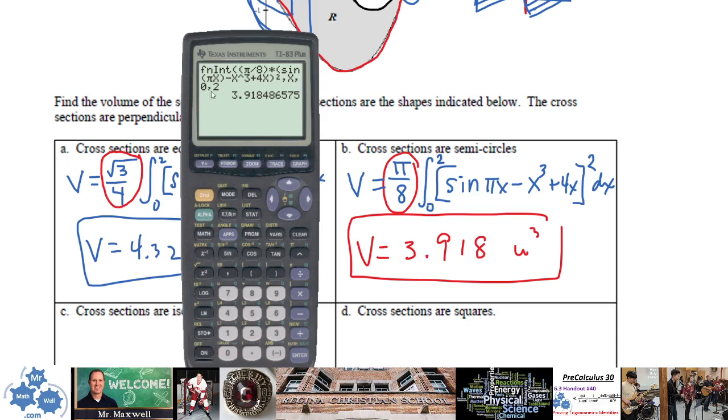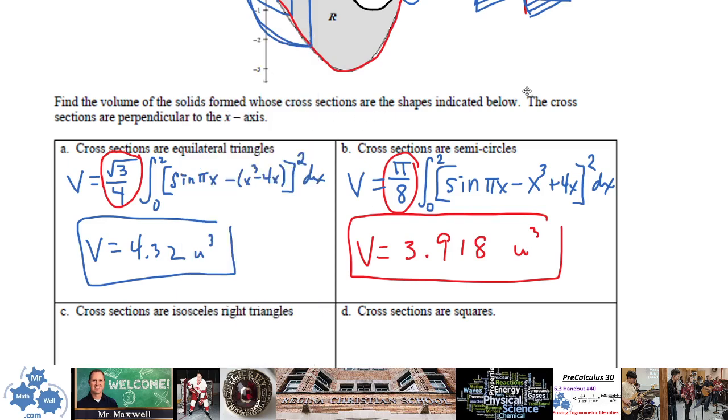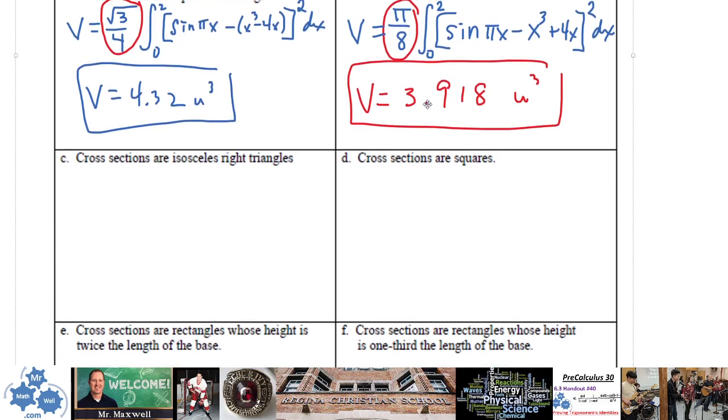So comma 0, your lower limit of integration, comma 2, your upper. And you hit enter, and you'll see that you get the same number as you would get if you graphed it. So this is option number 2. If you have a TI graphing calculator, for sure, I would encourage you to experiment with other technologies as well, whatever you have there.